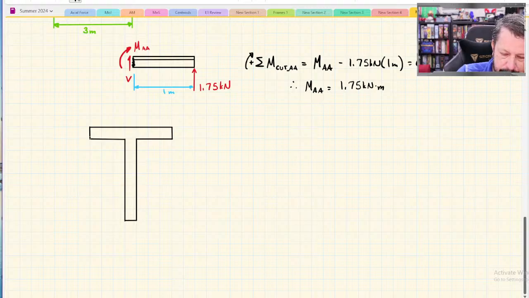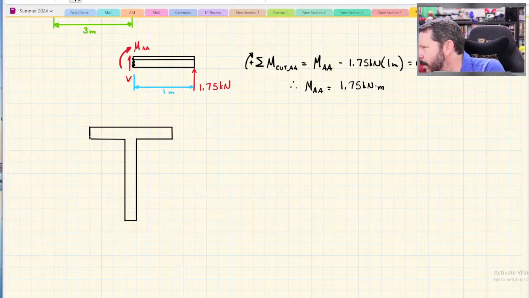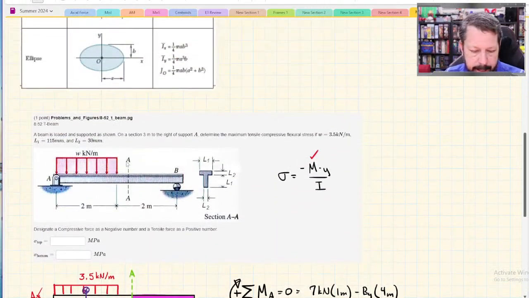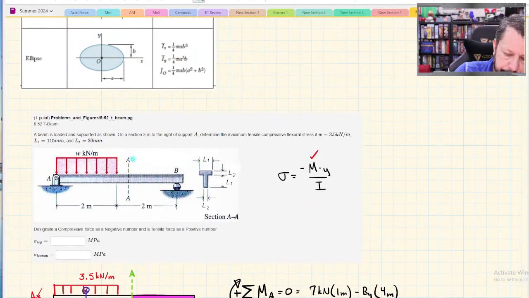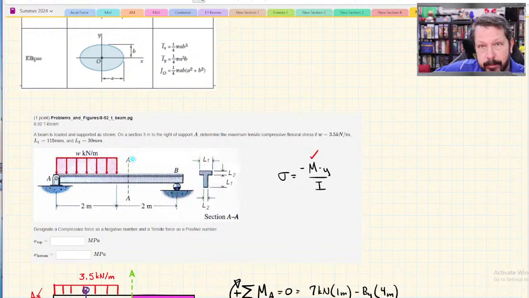I don't know if these dimensions are the exact ones. Oh, no. AA is not the neutral axis. They gave us those here. So AA I'm using because that's what they named in the problem statement. They named the cut line AA.